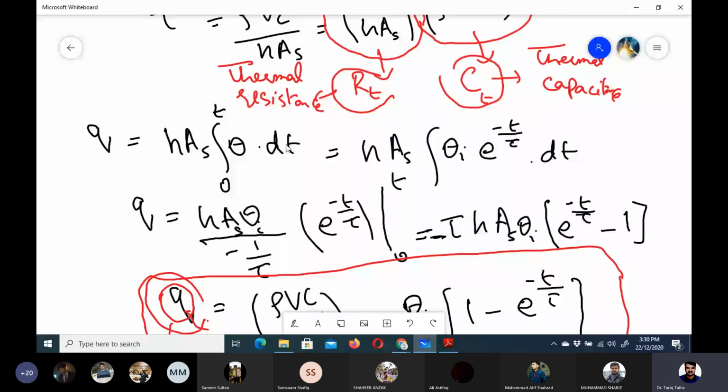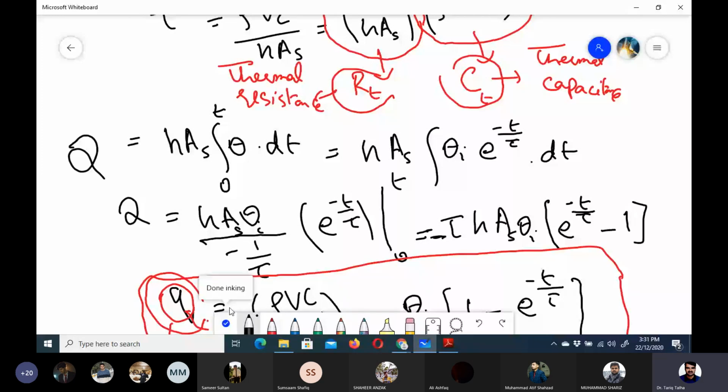When we multiply something with time, the unit is kilojoule per second, so the second would be cancelled out with this time, and we would have the unit of this Q. So it should be capital Q, not small q, because that would be confusing for you all. I hope that this point is also clear.